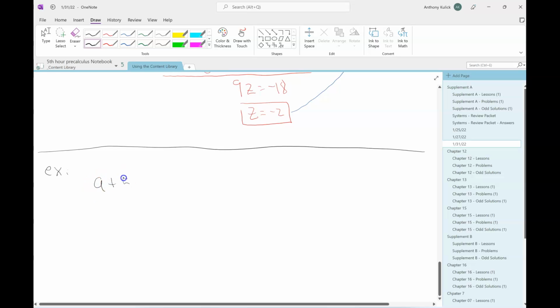The one thing that I don't think we did last year was ask you to do this when you get an infinitely many solution situation. Or this would be providing the general solution.